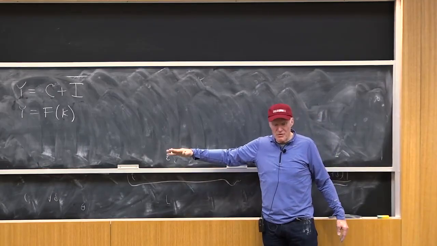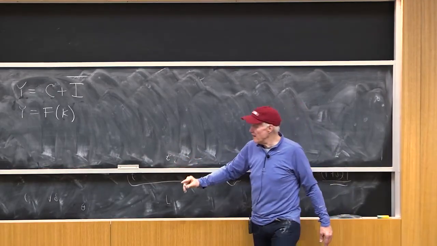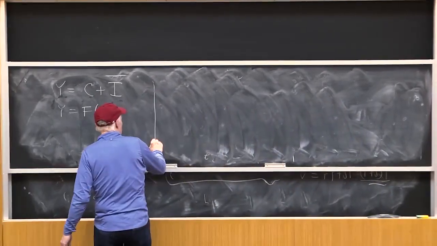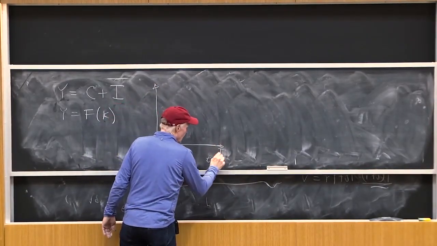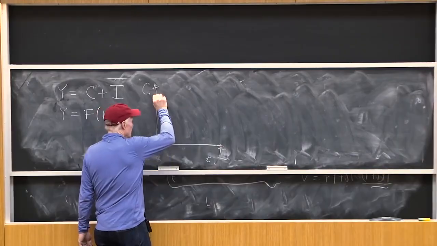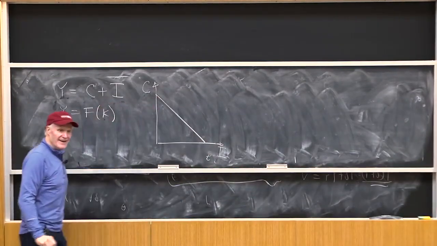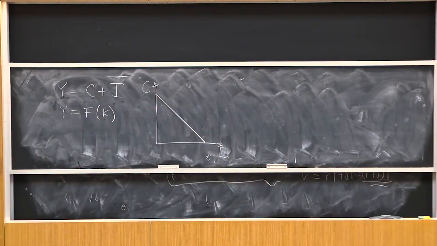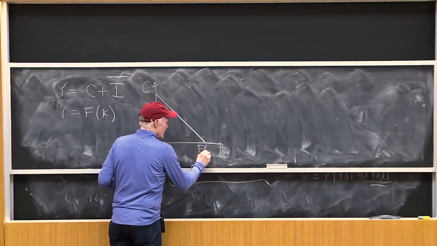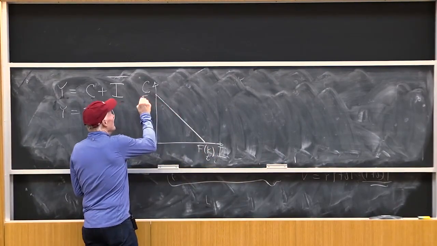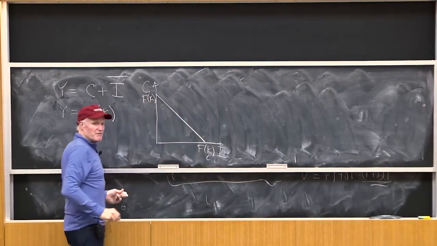Right? That is, they're perfect substitutes on the production side. If I thought about our production possibility frontier between I and C, it looks like that, right? That is, we can produce any combination of C and I that we want as long as it adds up to F of K. Everybody agrees? That's the production possibility frontier.